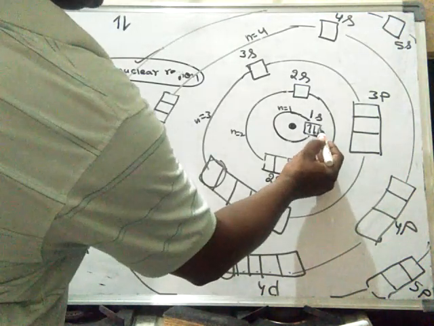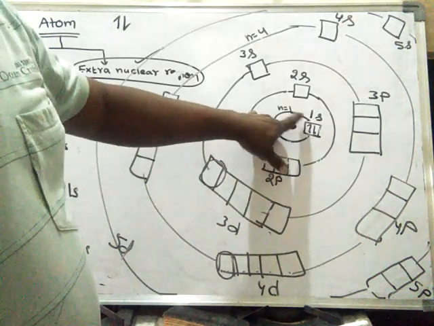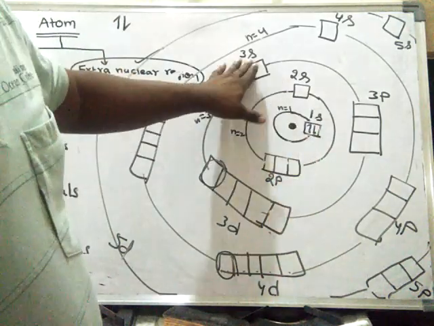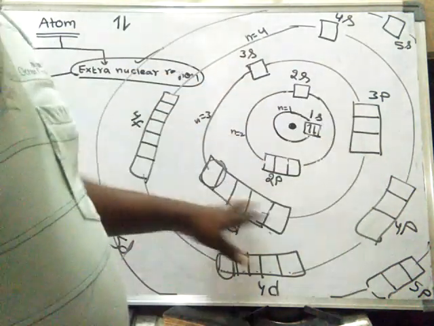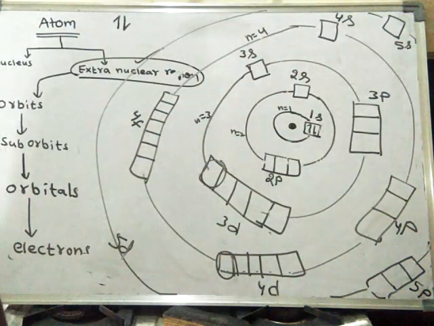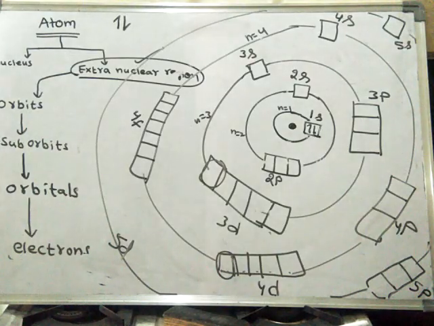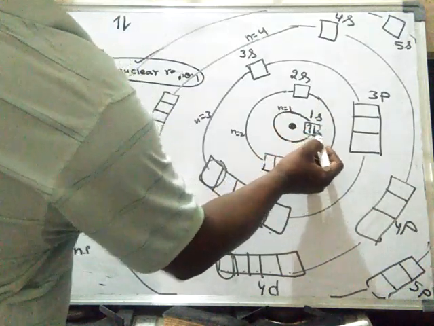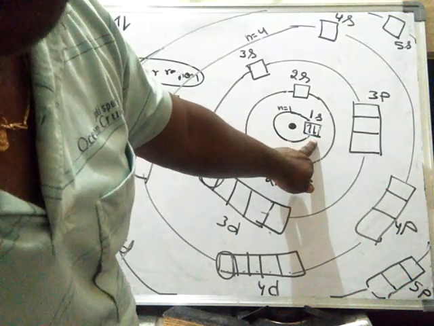Remember one thing, it is very important. The 1s orbital has the least energy. Out of so many orbitals, the 1s orbital will have the least energy. I will explain the energy of orbitals also, don't worry. So electrons are filled first in the suborbits which have the least energy.